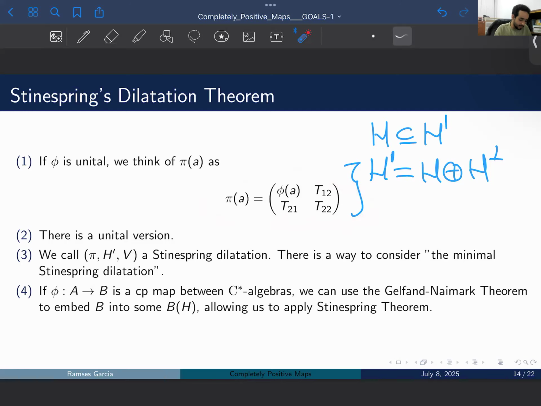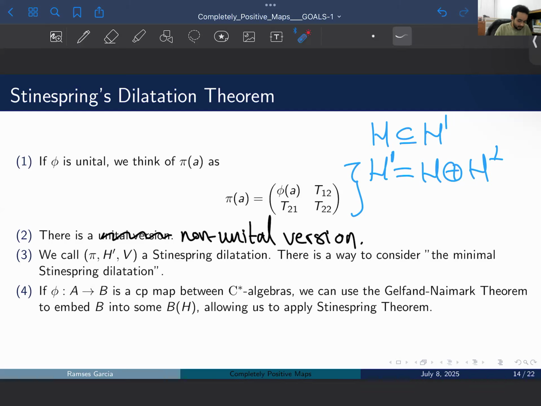The second remark is that there is a non-unital version. If we have time, I'm going to mention a couple of things about the non-unital version.